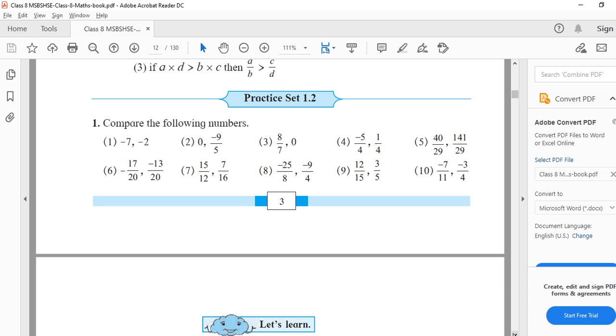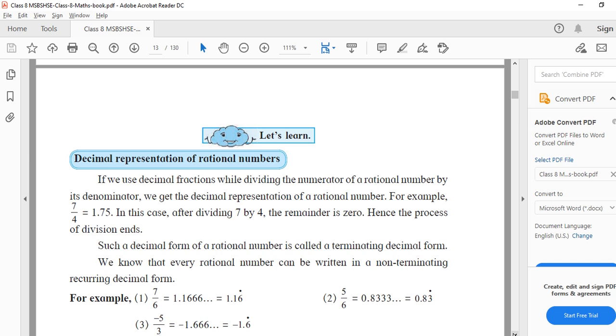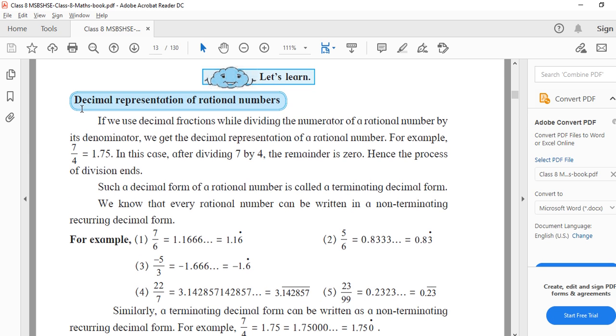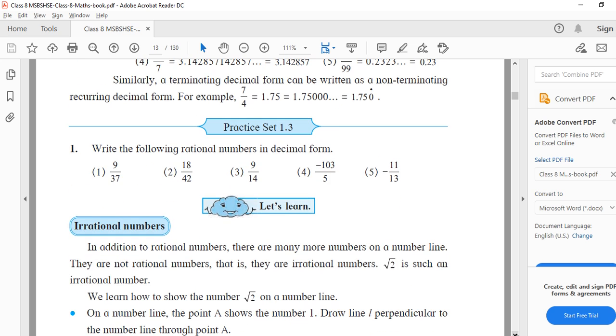Now let's move on to exercise 1.3. This is basically decimal representation of rational numbers, which means basically a division of rational numbers. What has been asked is, write the following rational numbers in decimal form.